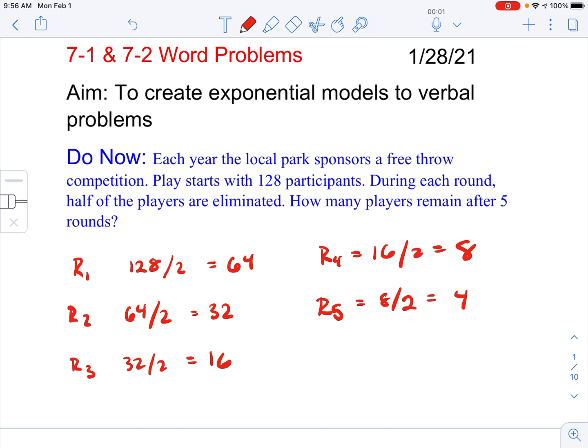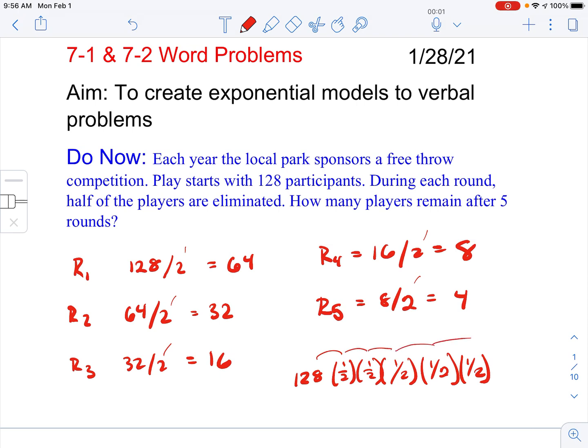So it's like we are multiplying 128 by 1/2, 64 by 1/2, 32 by 1/2, etc. If we take this 128, it's almost like we are multiplying it by 1/2, 1, 2, 3, 4, 5 different times, because we're taking it one step at a time. 64, then we get to 32, 16, 8, and then 4.